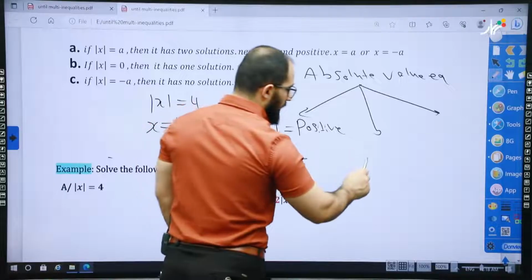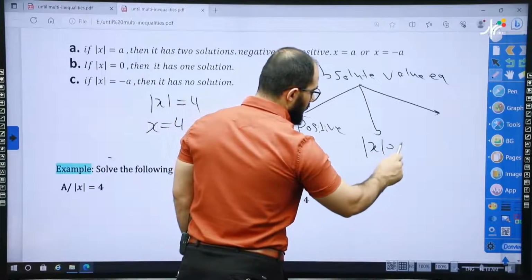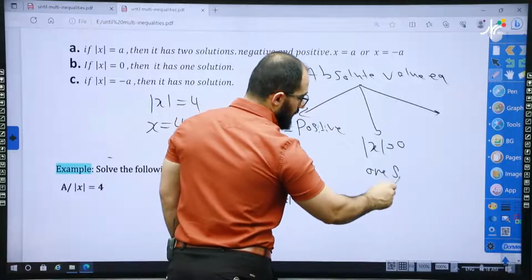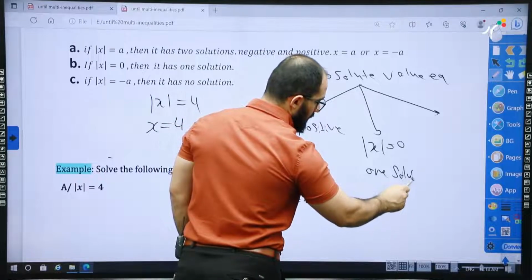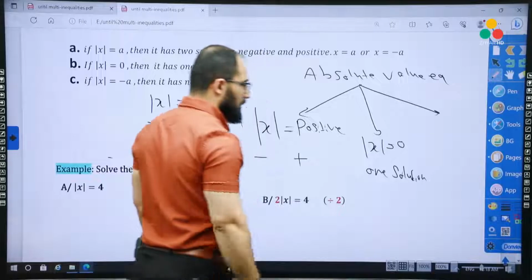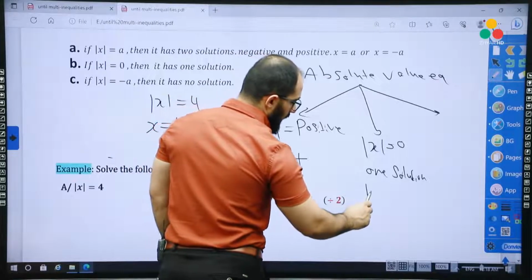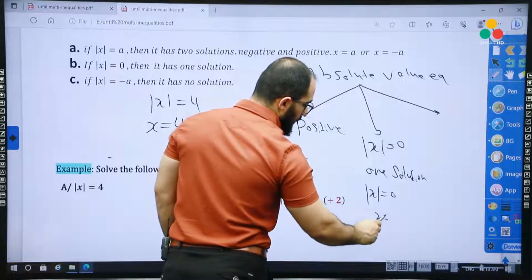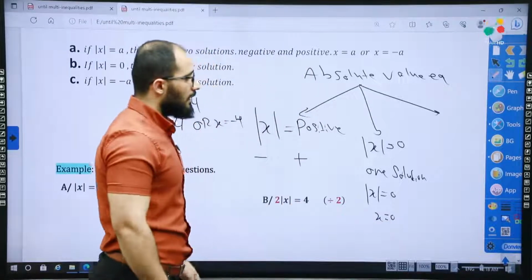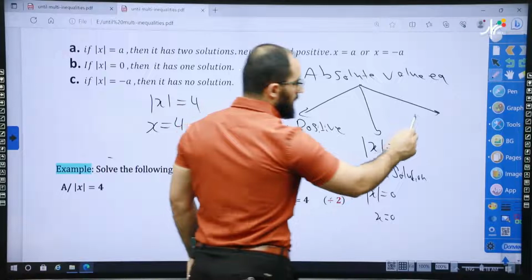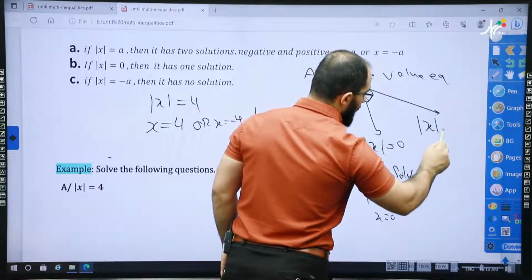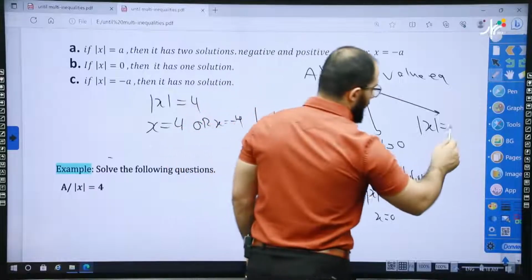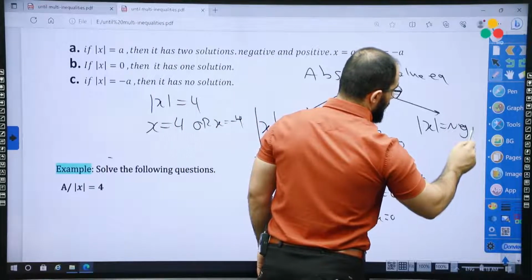Second case: if the absolute value is equal to 0, it has one solution. For example, the absolute value of x is equal to 0. It means we have only one solution. The third case: if the absolute value is equal to a negative number.